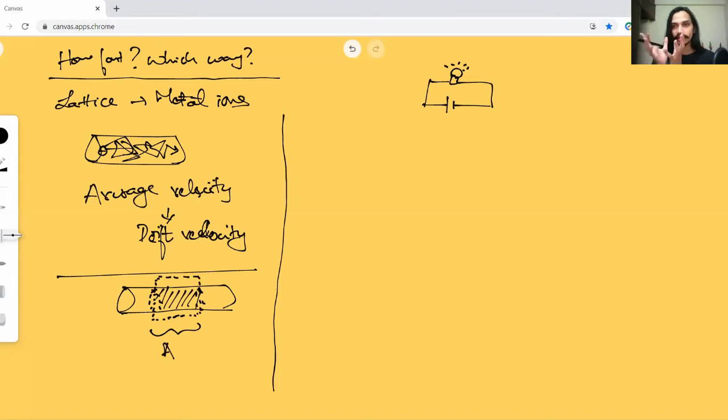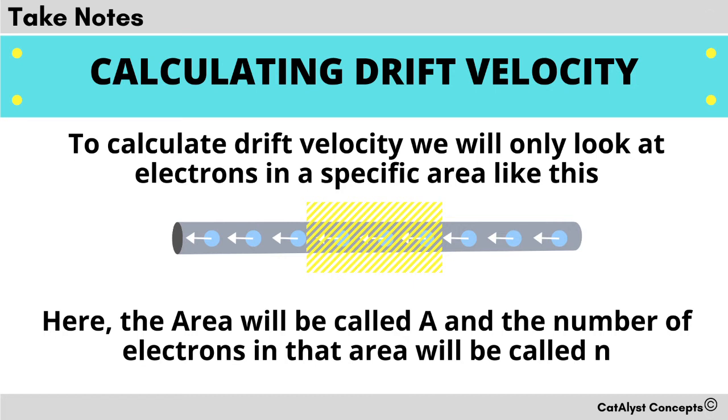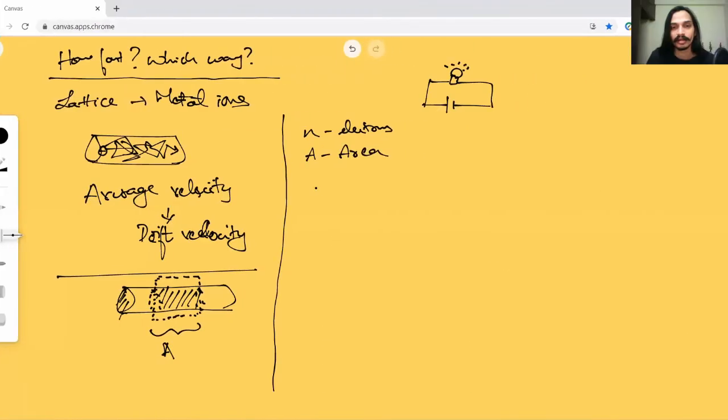So we are going to measure the number of charges within this entire area. Within this cross section, I'm going to see how many electrons can fit. If n number of electrons are there within an area of A, then to get the total electrons we need to look at the volume, because it's three-dimensional.